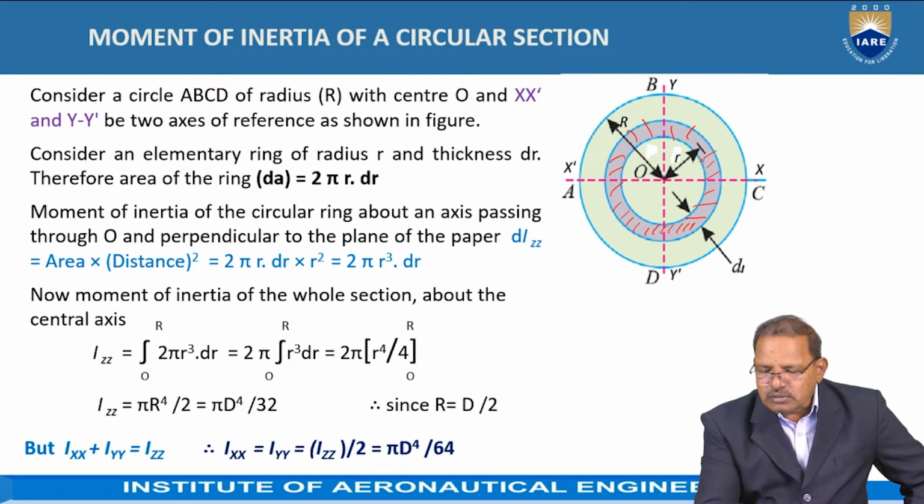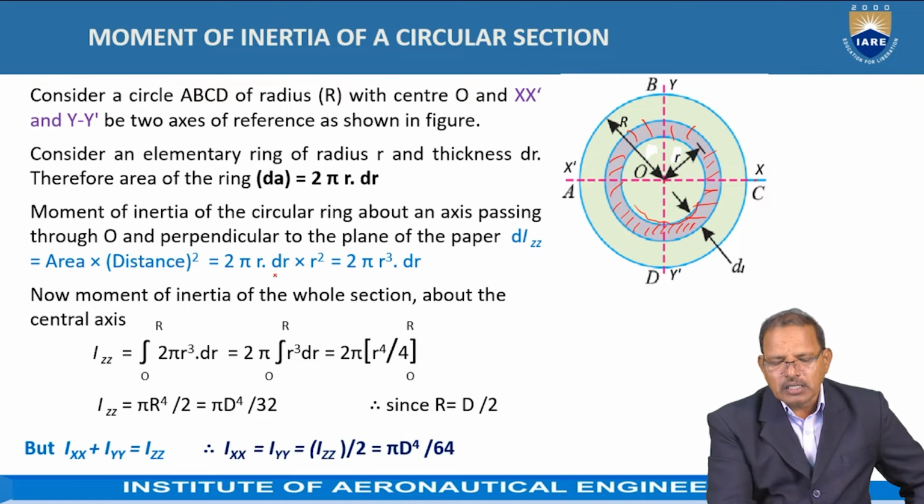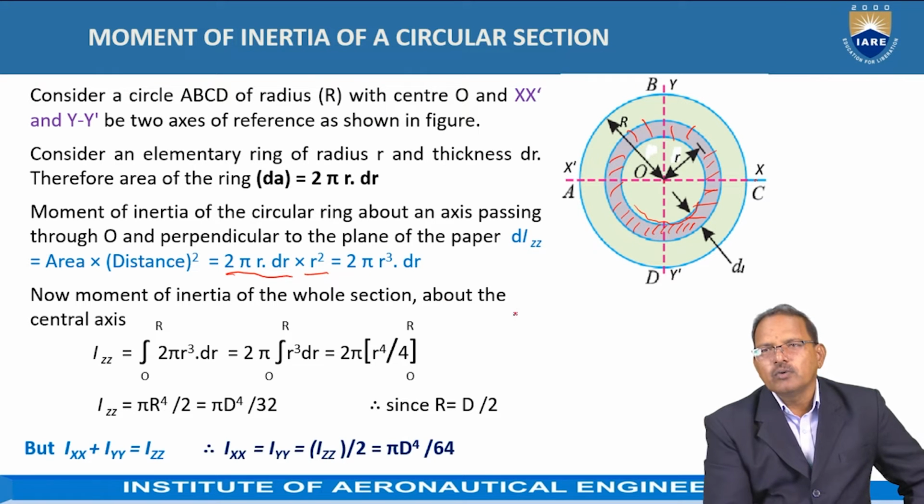Here the area is the circumference, 2 pi r, multiplied by the thickness, 2 pi r into dr. Multiplying by the square of the distance r square, we get 2 pi r cube dr.